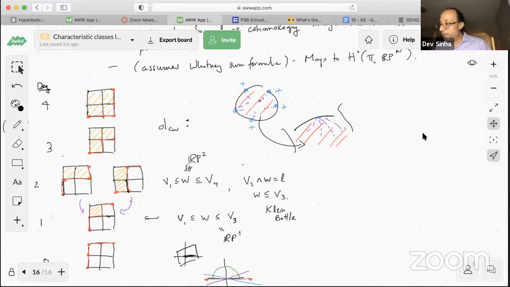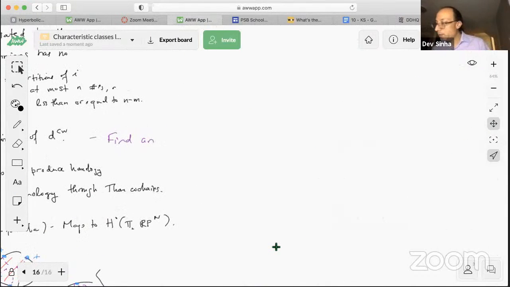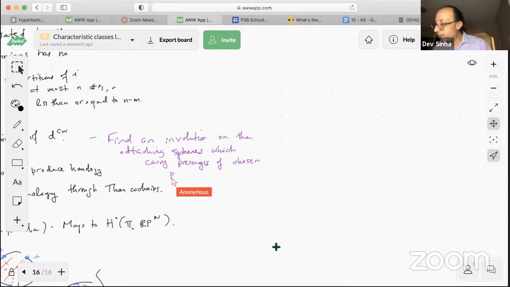Let me go ahead and write some things up here. You define an involution on the attaching spheres, which carry the preimages of a fixed point, the preimages of the chosen points in the cell of a dimension less, to each other.